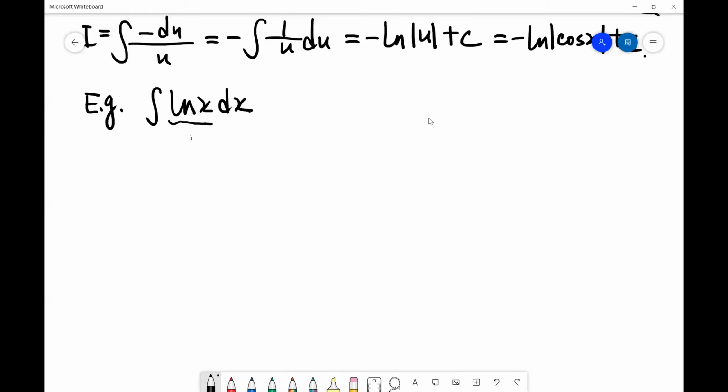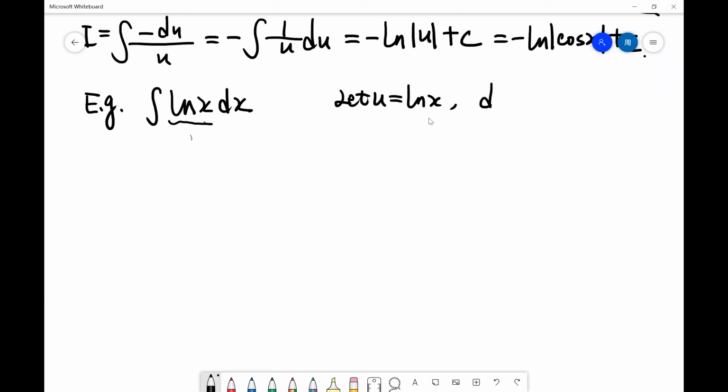Here, actually, we don't know how to solve it because, first, we cannot use the substitution rule, right? If you let u be ln x, for example, maybe some students think that we can let u be ln x, right?